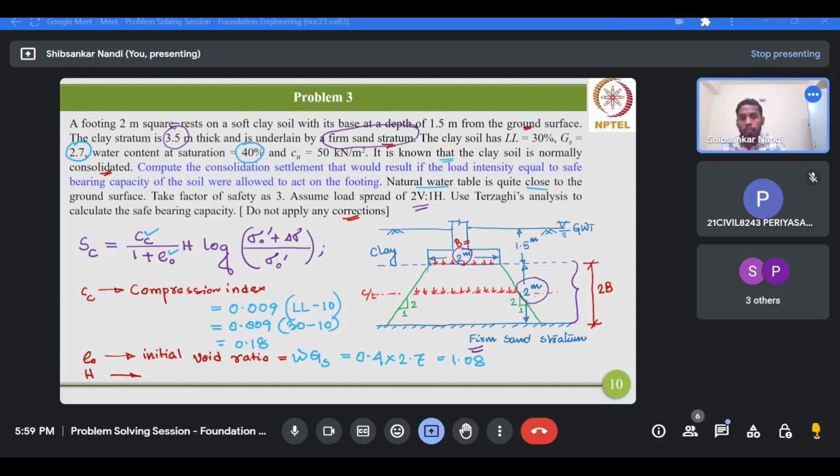If you draw the stresses of some fraction of the applied stress, suppose here the applied stress is Q. Now we are first identifying the points beneath this foundation, inside the soil mass, where 0.1 times Q is the vertical stress intensity.